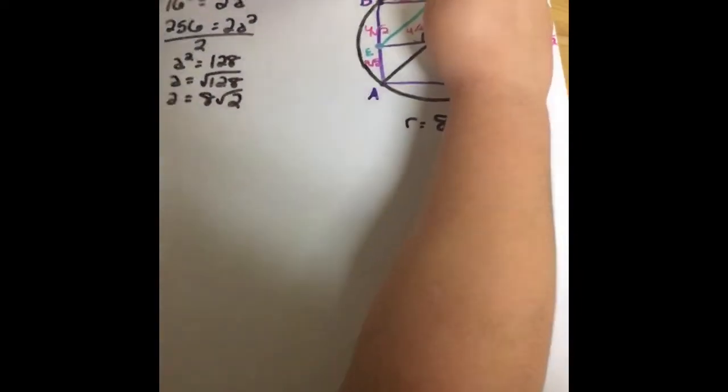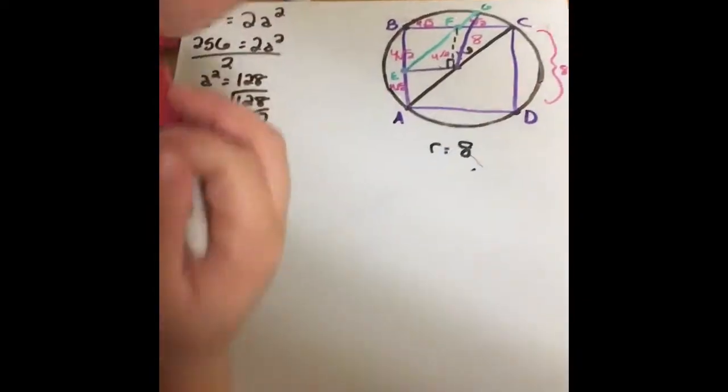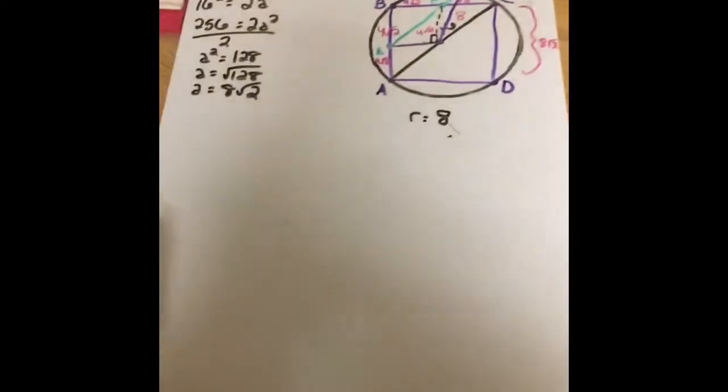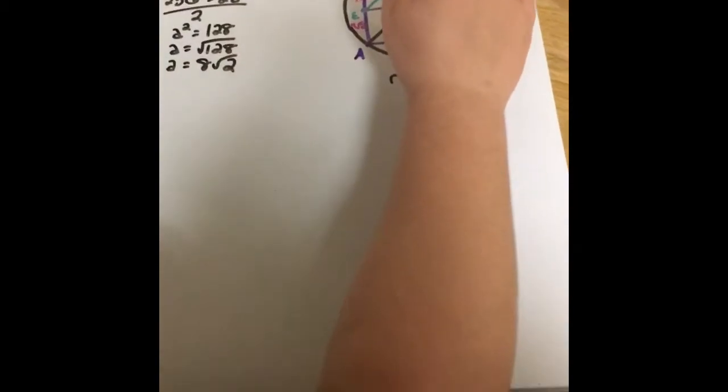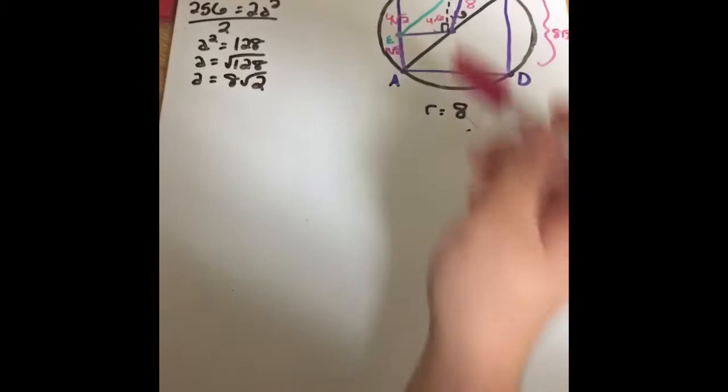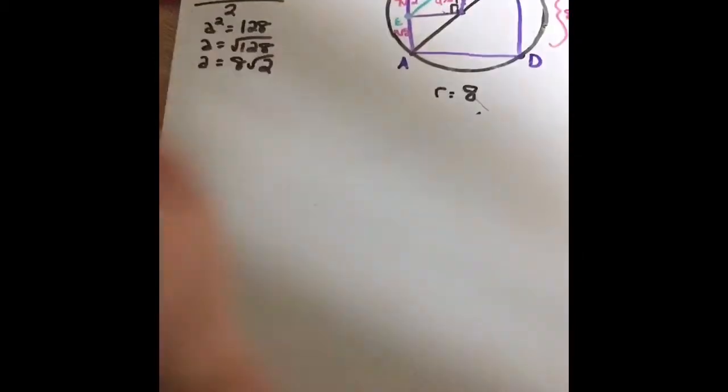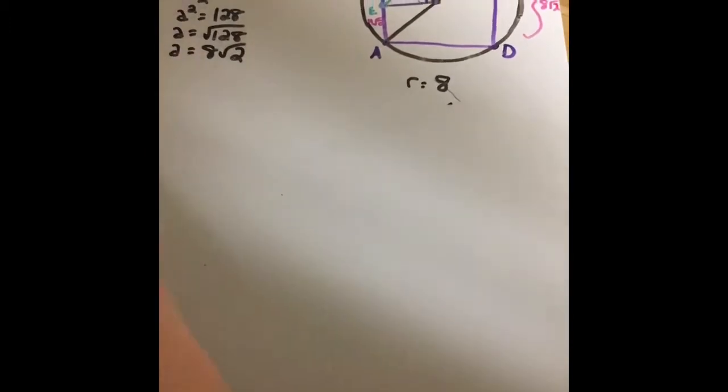So we know that this is 8. So now, although we have this right triangle, we don't have a right triangle over here, so we can't use Pythagorean theorem in order to find FG. However, what we can do is use the law of cosines.